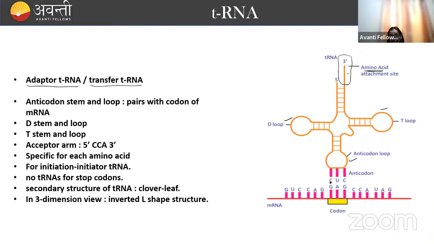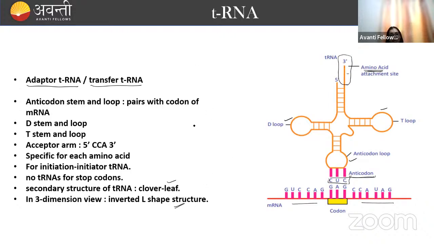The anticodon loop has the anticodon, which is a sequence complementary to the codon present in the mRNA. The secondary structure of tRNA is a clover leaf-like structure, and the tertiary structure, or three-dimensional view, is an inverted L-shaped structure.